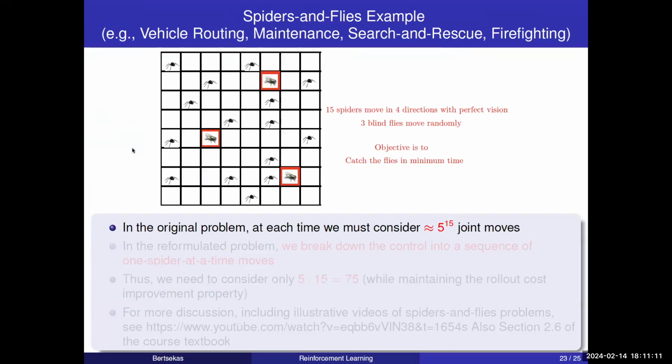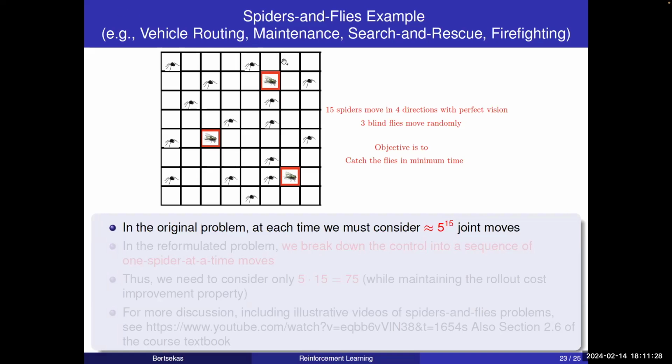So let's talk a little bit about spiders and flies, and then we'll conclude for today. This is like the vehicle routing problem, but it has stochasticity applied to it.